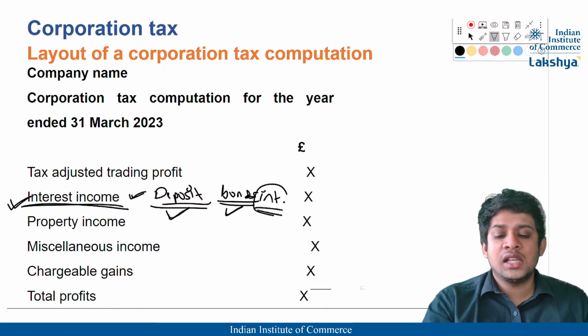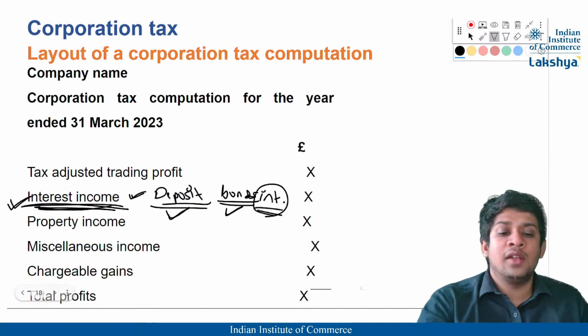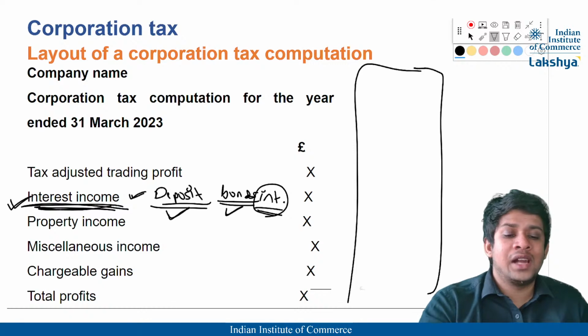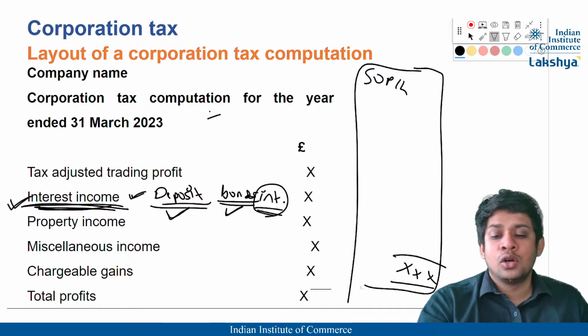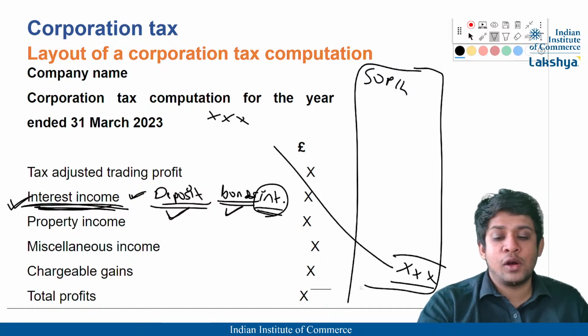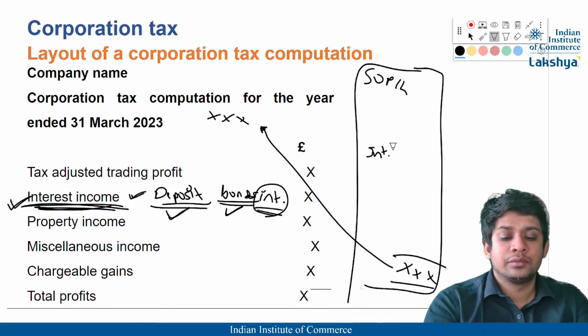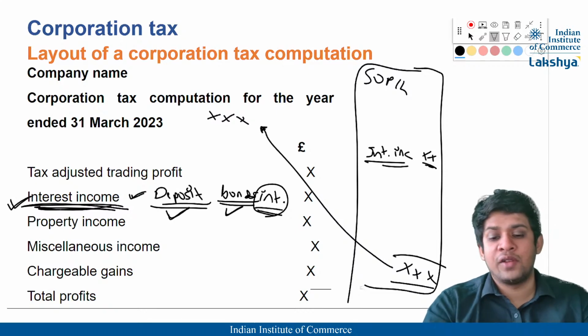So these interest incomes are going to be stated within the head interest income. If the company provides me the statement of profit or loss, and they give me a profit at the year end, this profit will be taken, and if there is any interest income stated here, that will obviously increase my profit, correct?